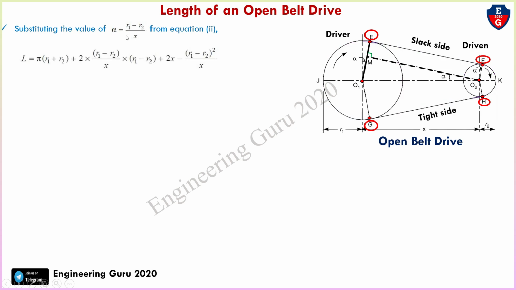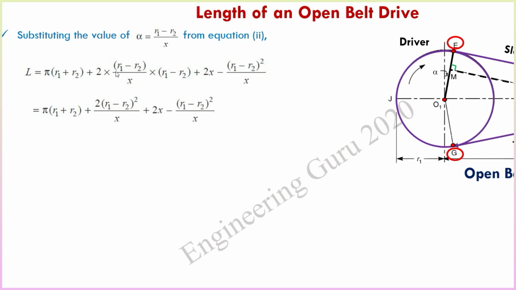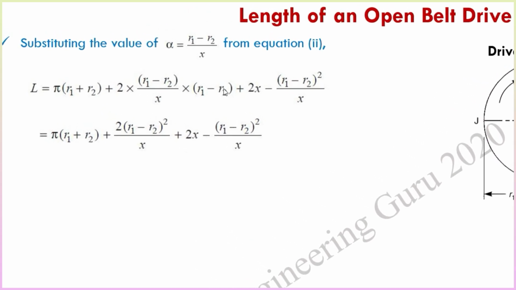So putting the alpha value in this equation, we can simply write pi (R1 plus R2) plus 2 (R1 minus R2) divided by X into (R1 minus R2), plus (R1 minus R2) whole square divided by X.